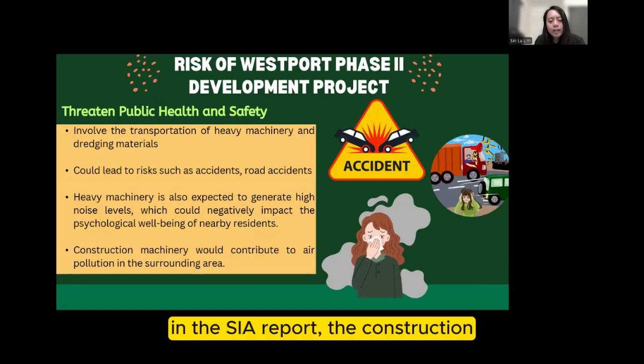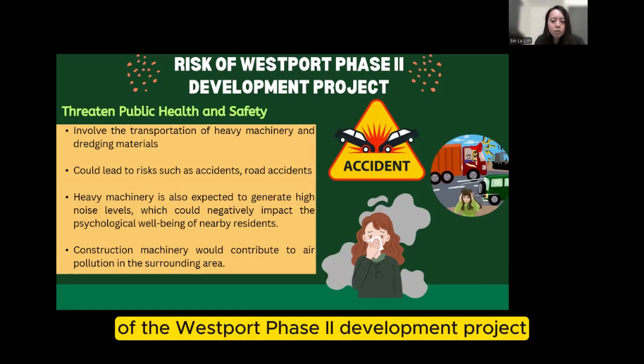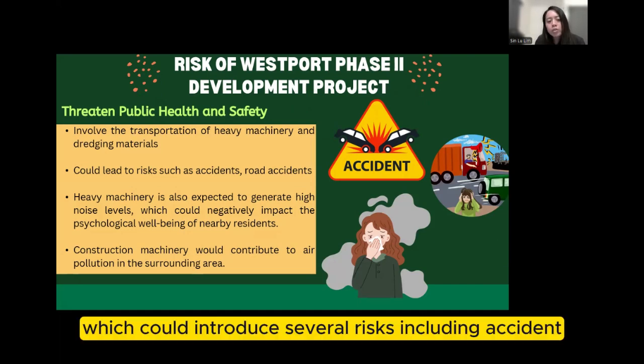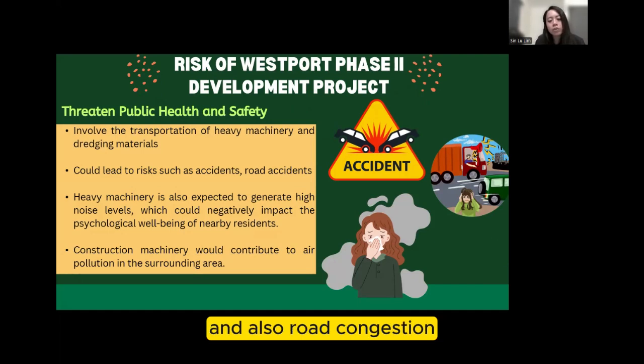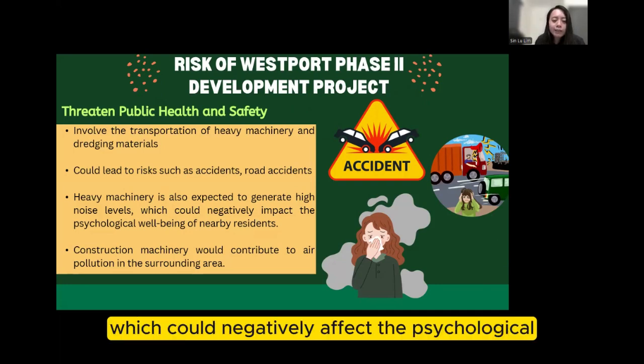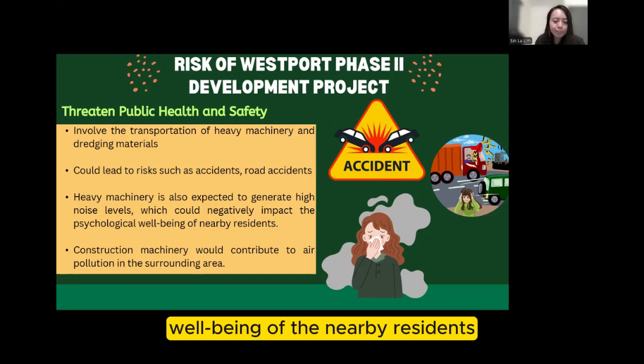In the SIA report, the construction of the Westport Phase 2 development project involved the transportation of heavy machinery and dredging material, which could introduce several risks including accidents and also road congestion. Heavy machinery is also expected to generate high noise levels, which could negatively affect the psychological well-being of the nearby residents.